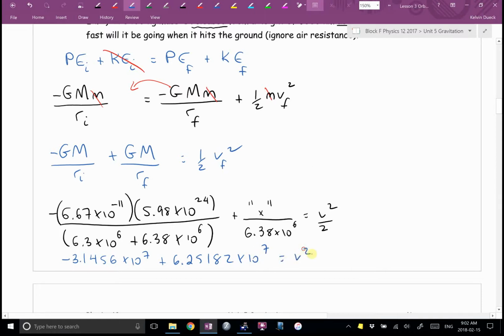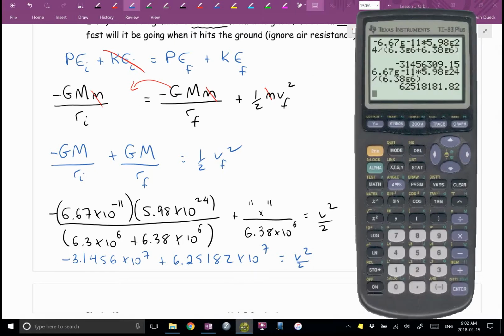That equals v squared over 2. Conveniently, I have this number sitting on my calculator. I'm just going to now add the negative or subtract this number. So plus negative 3.1456, scientific notation button 7.